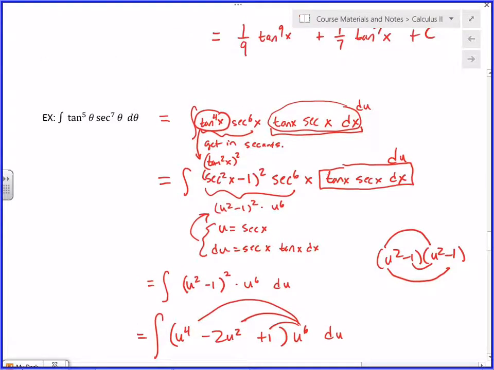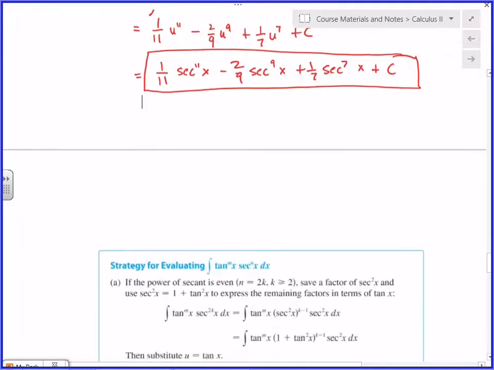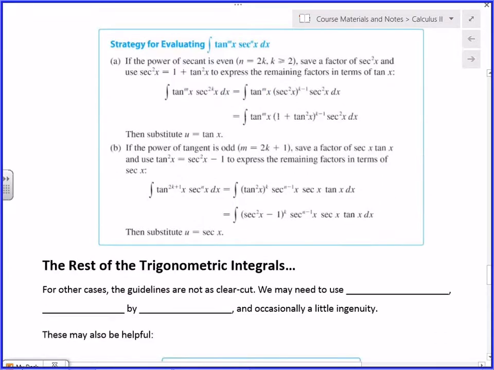Okay, so think about what we have the ability to handle now and what we don't. For secants and tangents, when secants are even powered, we can do any of those when they're times a tangent, right? Now, when can we use the second rule? Well, it's when the power of tangent is odd and you have a secant, right?